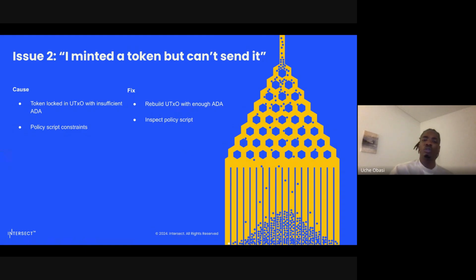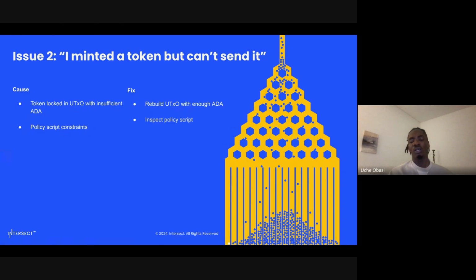Another issue developers face is: I minted a token but can't send it. Usually the common cause is the token being locked in UTXOs with insufficient ADA.